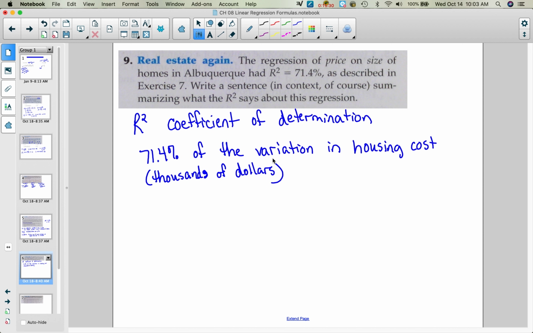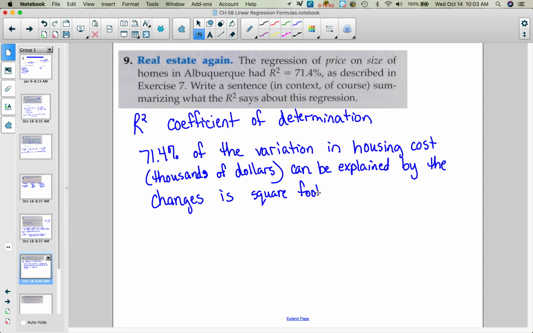So 71.4% of the variation in housing cost can be explained by the changes in square footage. And that kind of implies size. I didn't use the word size. I could have said it can be explained by the changes in size, and then I could have put in parentheses square footage, but I think that it is implied there.